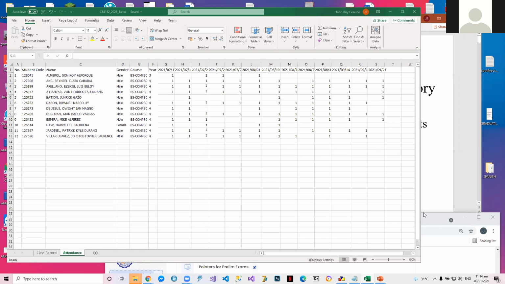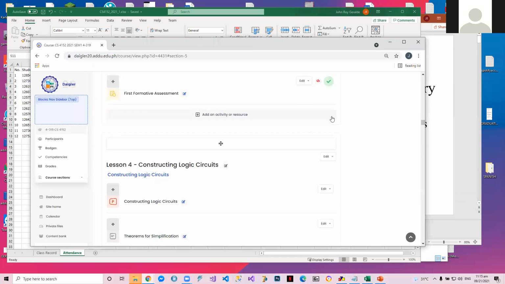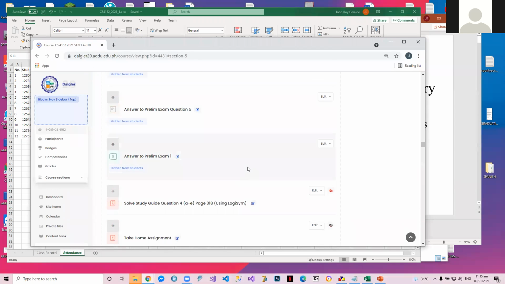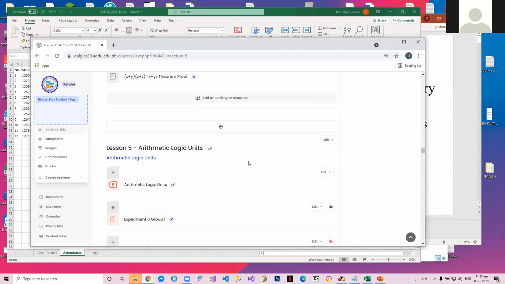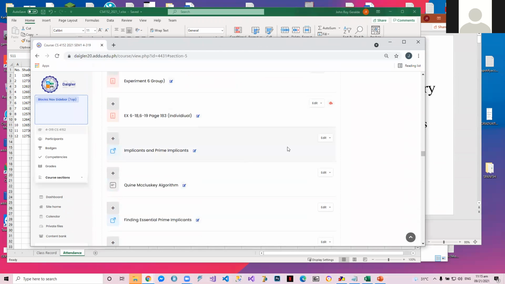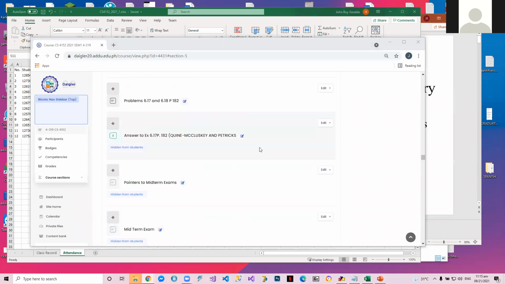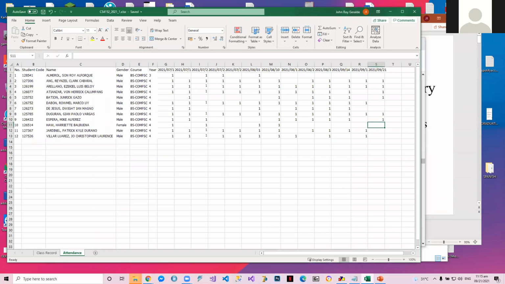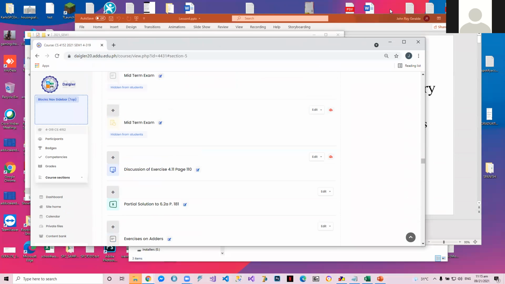We are going to continue discussing K mapping. The exercise is up there. You can start writing the K map. Pass the solution in Excel form. I'm going to give you examples anyway.